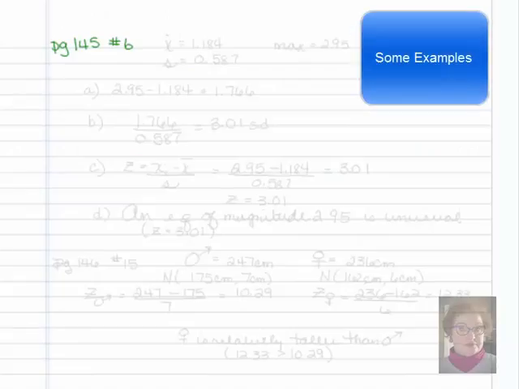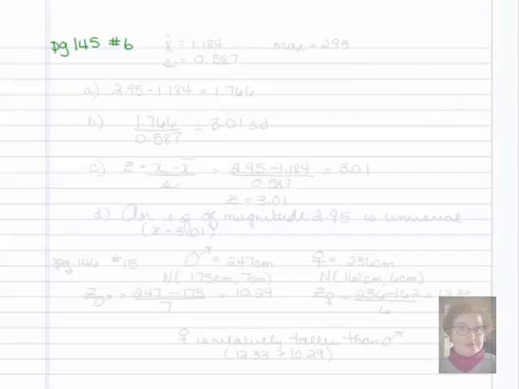It says data set 16 in Appendix B lists 50 magnitudes on the Richter scale of 50 earthquakes, and those earthquakes have magnitude with a mean of 1.184, and a standard deviation, and this is a sample, so our standard deviation will be s, of 0.587.